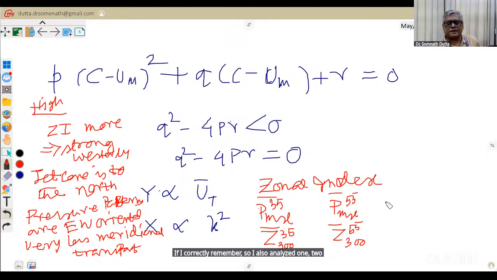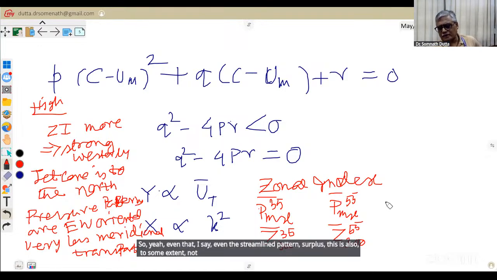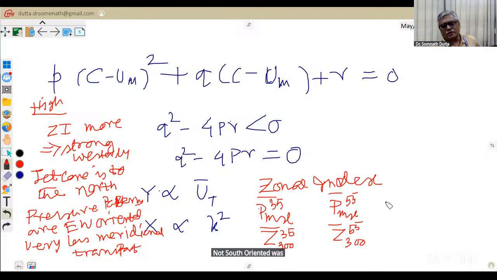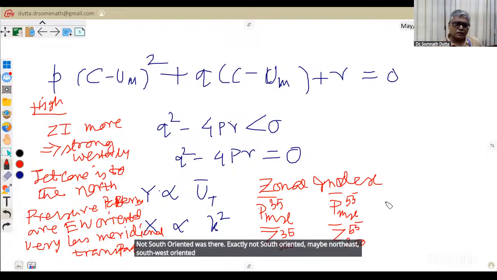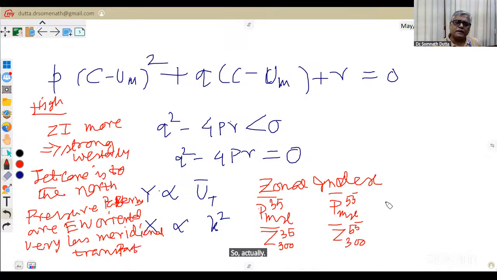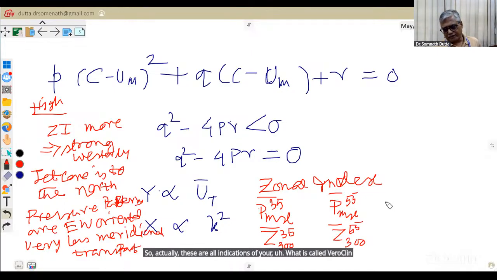Even the streamline pattern, circulation, is also to some extent north-south oriented. Exactly not north-south, maybe northeast-southwest oriented like this. So actually these are all indications of baroclinic instability.